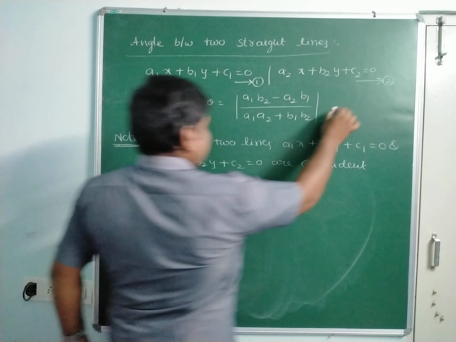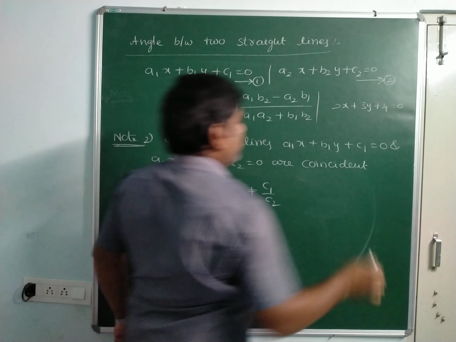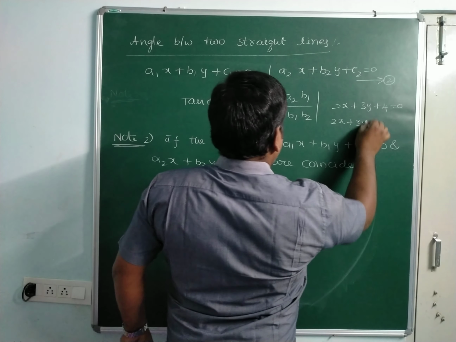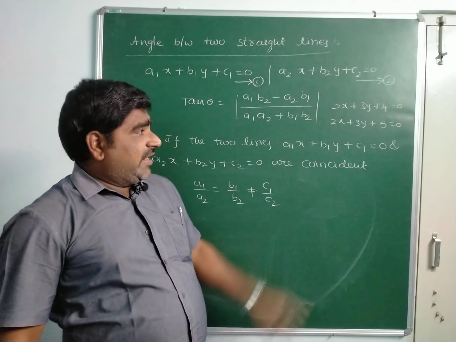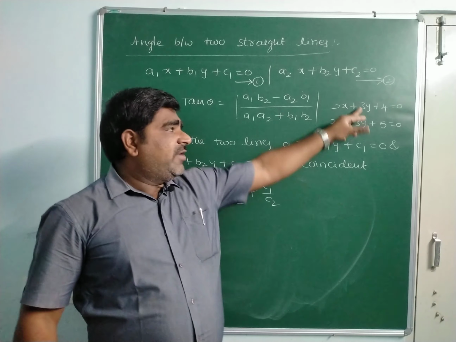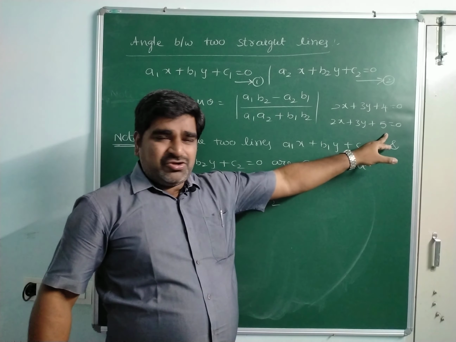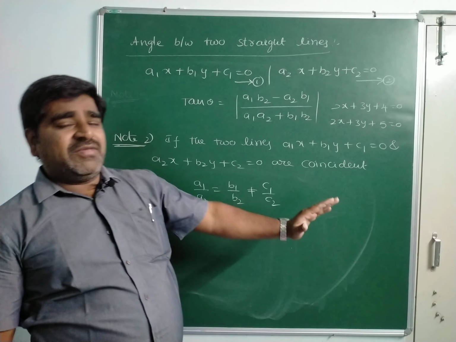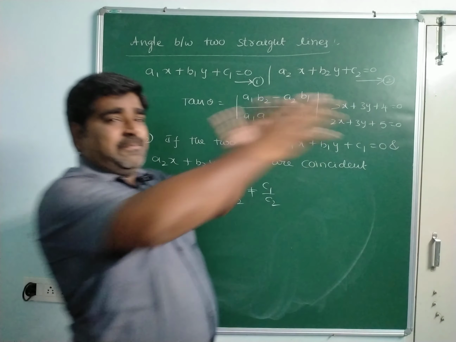Suppose 2x plus 3y plus 4 equals 0 is a straight line, and 2x plus 3y plus 5 equals 0 is another straight line. a1 by a2 is 2 by 2, b1 by b2 is 3 by 3, both are equal, but c1 by c2 is not the same. So a1 by a2 equals b1 by b2 is not equal to c1 by c2, and we can say the two lines are parallel only.